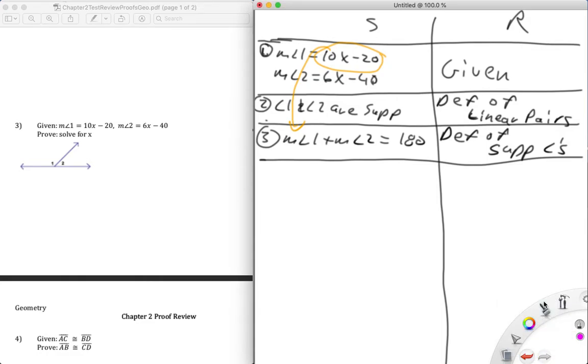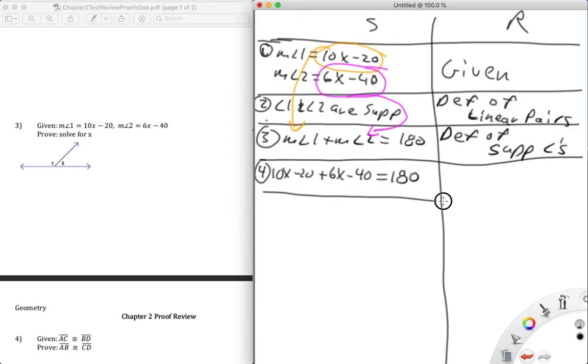Angle 2 is equal to 6x minus 40. I can substitute it here. And I can say that 10x minus 20 plus 6x minus 40 is equal to 180. Substitution property of equality.